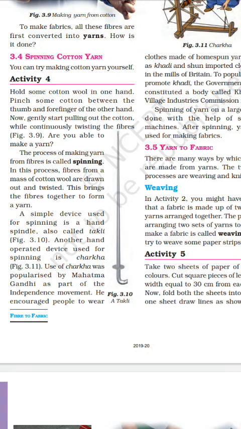Spinning is a process which is mostly done for cotton and wool, in which the fibers are drawn out and twisted. This brings fibers together to form a yarn, and then from yarn it is made into fabric.